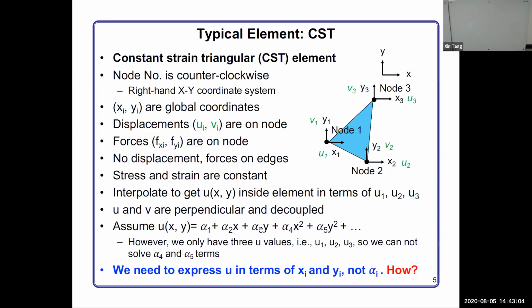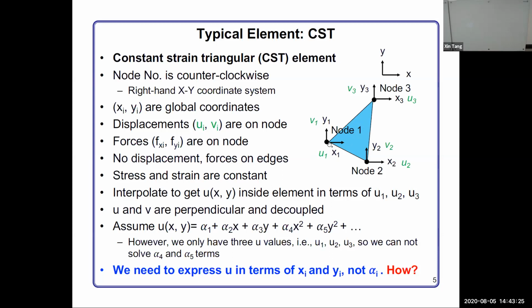What does that mean? It means the u displacement in the x direction has a term that is not dependent on x and not dependent on y. This is a constantly moving term, which is called a rigid body motion.